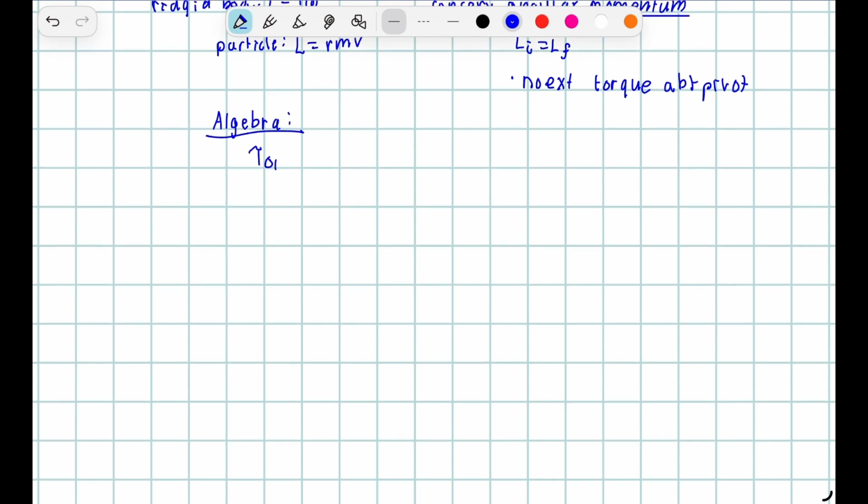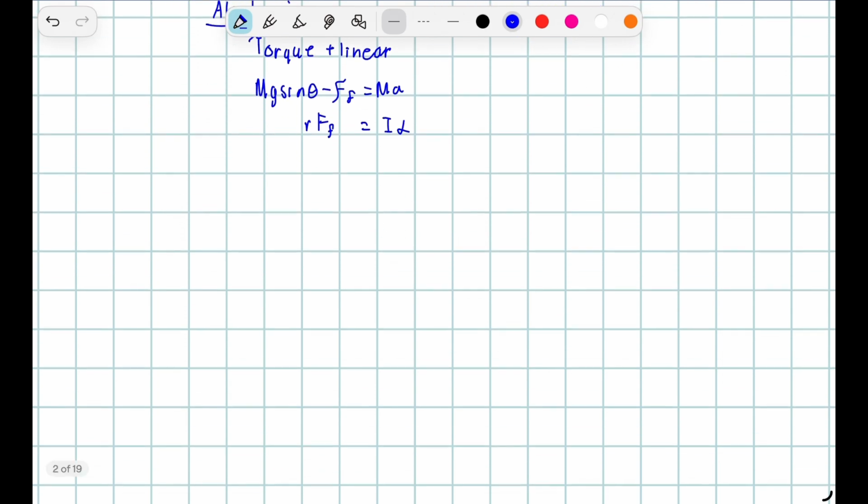So some algebra moves that you have to remember that combine these ideas is that when you have torque and linear, it's usually going to look something like this. You have your m g sin theta minus your friction equals m a, then you have r times friction is equal to I alpha, a is equal to r alpha, and then you solve.